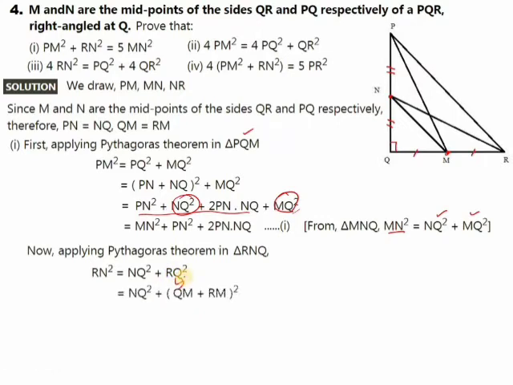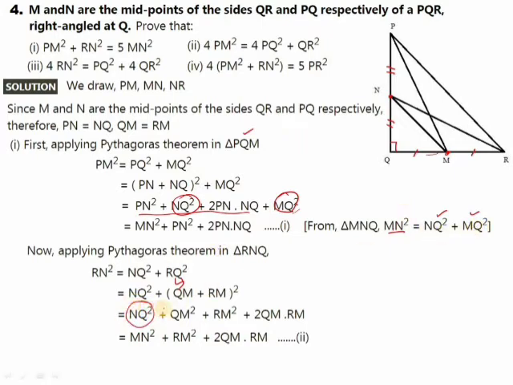So can I write RQ as QM plus RM? Can I write this RQ as QM plus MR or RM? Obviously. So that's what is written out here, and similarly apply the A plus B whole square formula. So in that case you get A square plus B square plus 2AB. Now similarly you know NQ square plus MQ square, right?